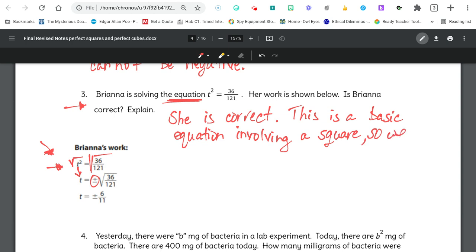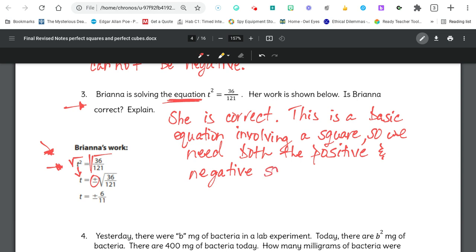So we need both the positive and negative answer. Let's go with positive and negative square root. Now, had it told us that T represents time or something like that, I would have just gone with she's incorrect. T represents time. Time can't be negative. But there was nothing in that problem that said T represented time.